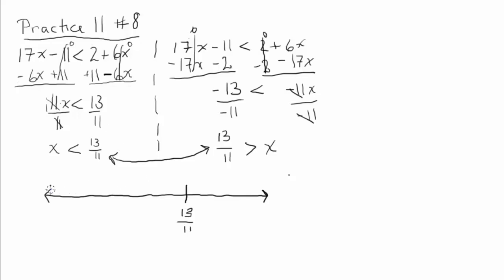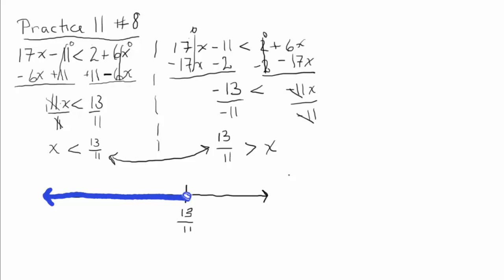I want everything smaller than it, so that's numbers get smaller to the left. So I'm going to get everything to the left of 13 over 11. And this endpoint is not included because it's a less than, not a less than or equal. So I get an open circle here, not a shaded in circle. So that's what it looks like graphed on the number line.